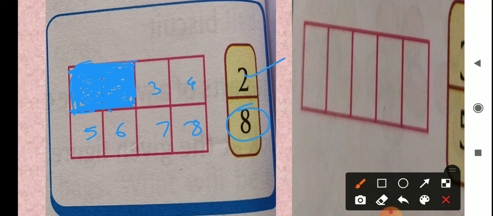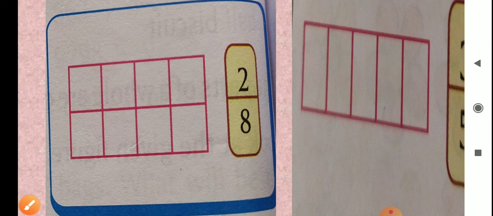So in this way we shade 2 parts out of 8 parts.